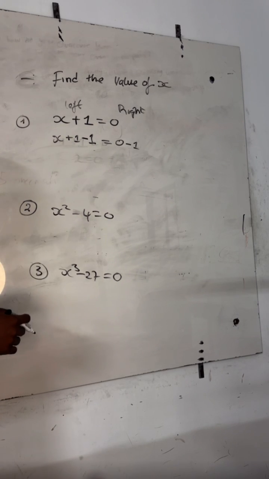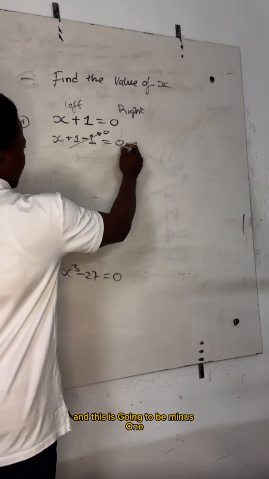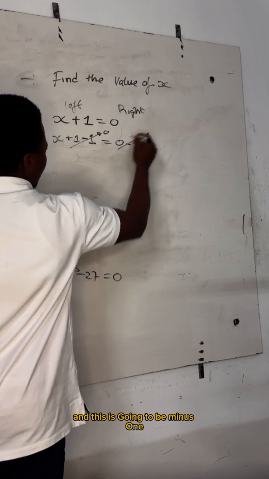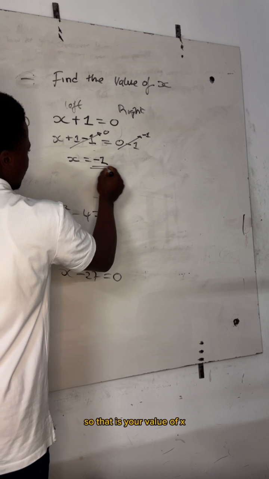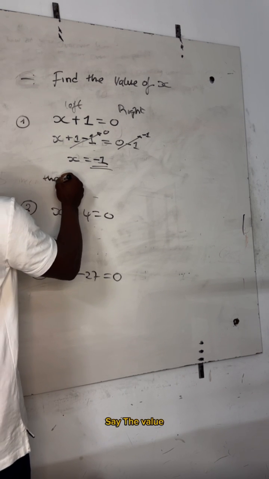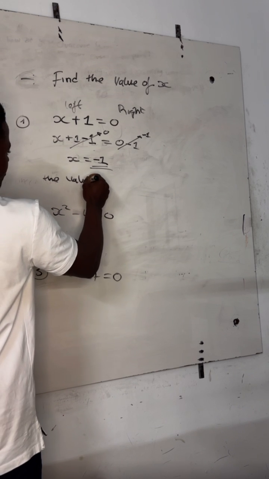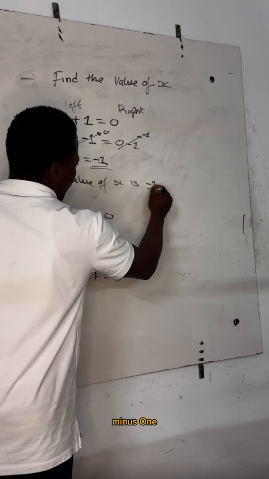If you go to your calculator, you punch quickly, this is going to be 0 and this is going to be minus 1. So there you have x is equals to minus 1. That is your value of x. You can now go on and say the value of x is minus 1.